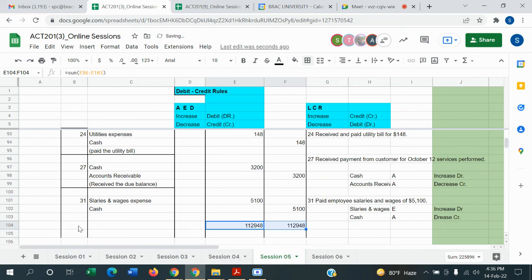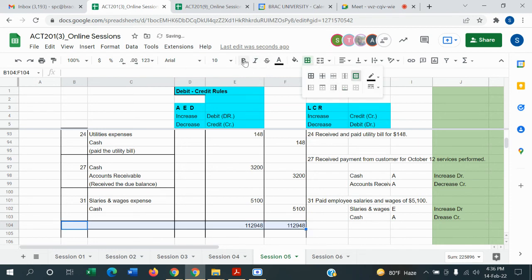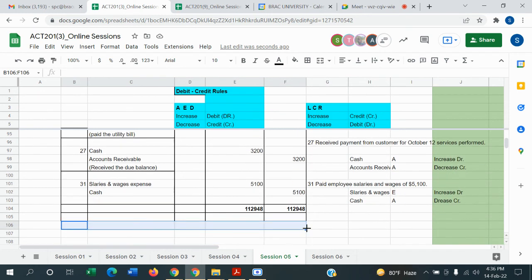Can anyone explain why you need to make the total? So we need to show both are equal. Exactly, we can check whether they are equal. Because if you remember, at the beginning or probably two sessions back, we mentioned that each and every transaction will equally affect the debit and credit columns, or both sides of the accounting equation. That means the same amount will be recorded into the debit and credit.